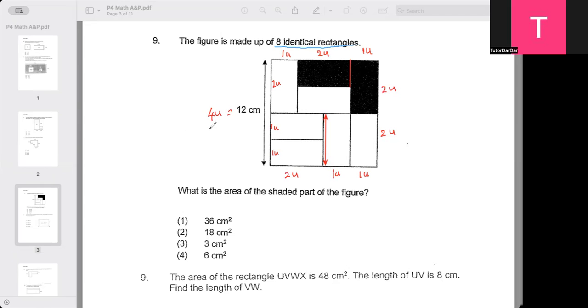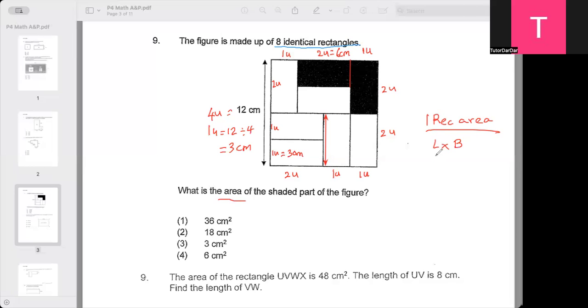4 units is 12 cm, so 1 unit is equal to 12 divided by 4, which is equal to 3 cm. Okay, so that means the length of this rectangle is going to be 2 times 3, which is 6 cm. And the breadth is going to be 3 cm. So they want area, right? So one rectangle area is going to be length times breadth.